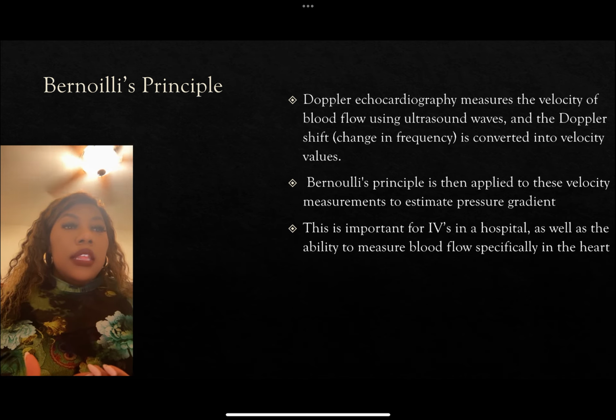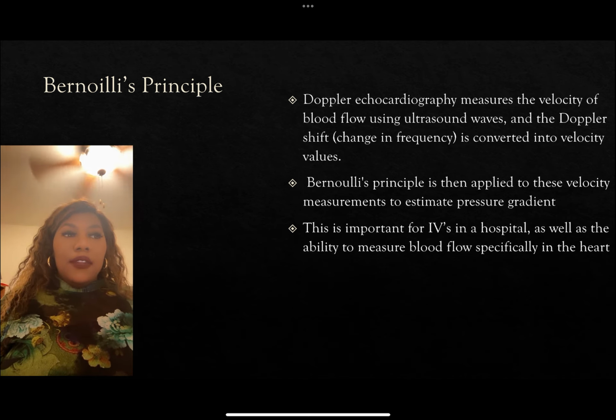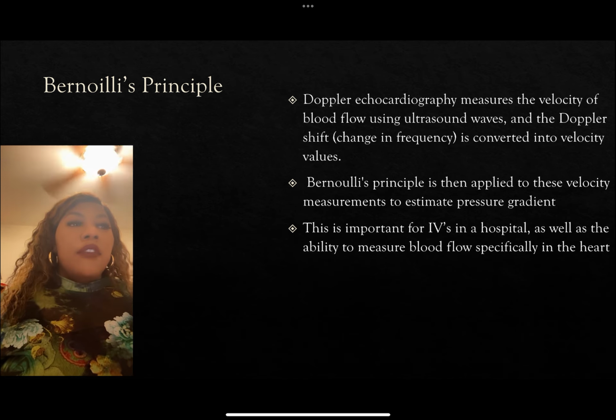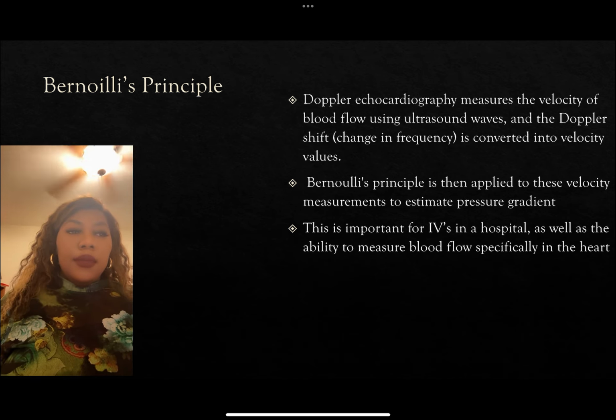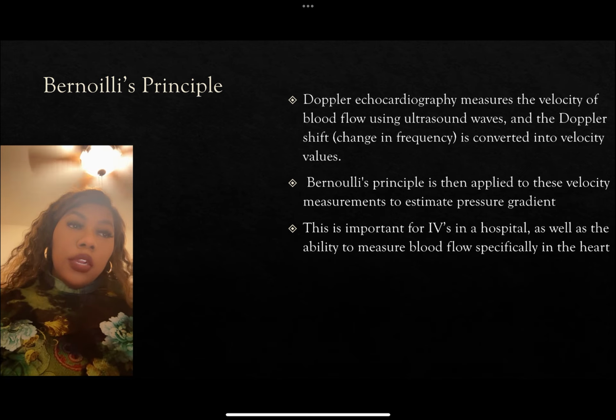This Doppler of the echocardiography measures the velocity of blood flow using ultrasound waves. And the Doppler shift, the change in frequency, is converted into velocity values. As you guys remember, we went over velocity earlier in the course.